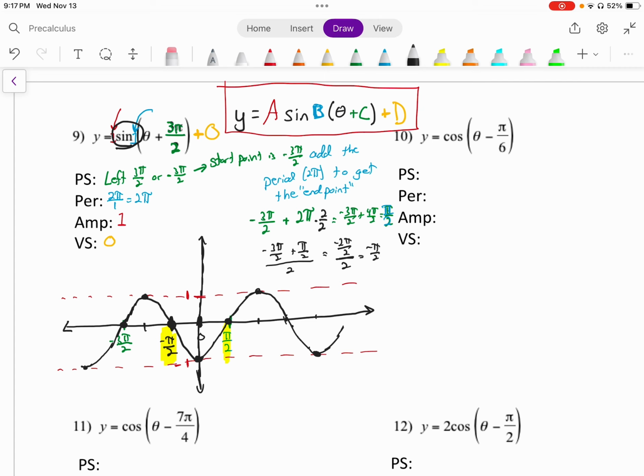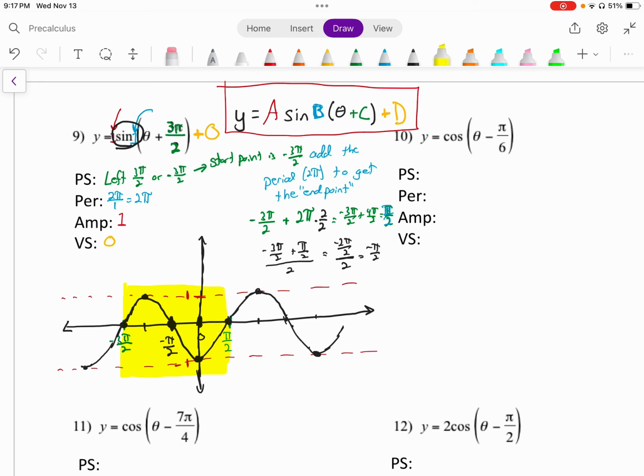I want to just go off a little bit and talk about something here. The spacing of our 4 points. So this was our first cycle right here, and dividing that into 4 equal parts.